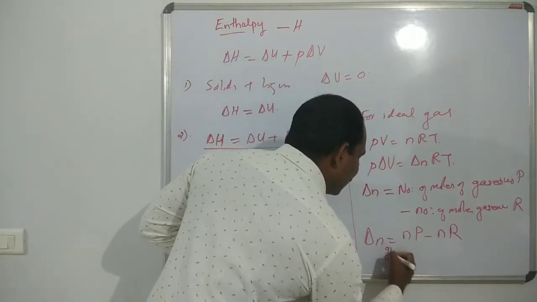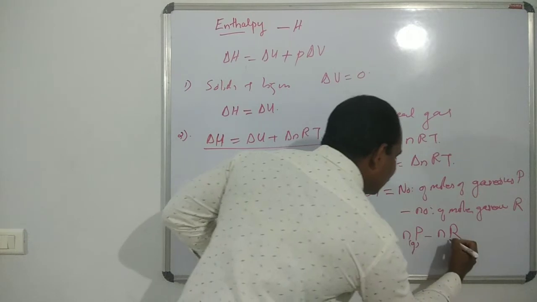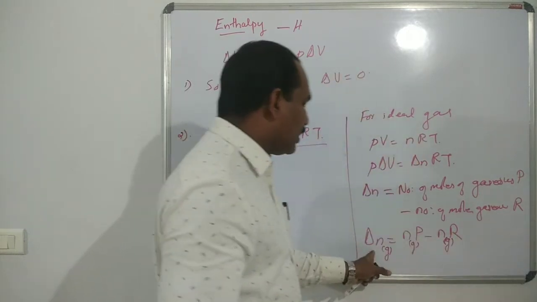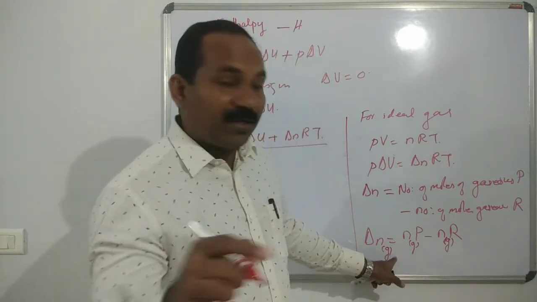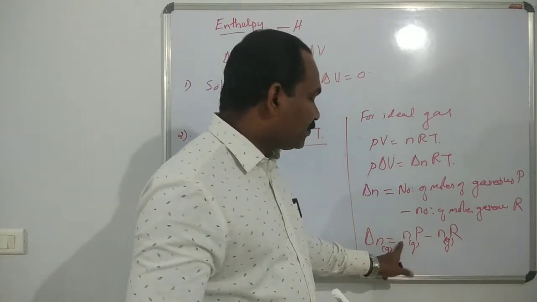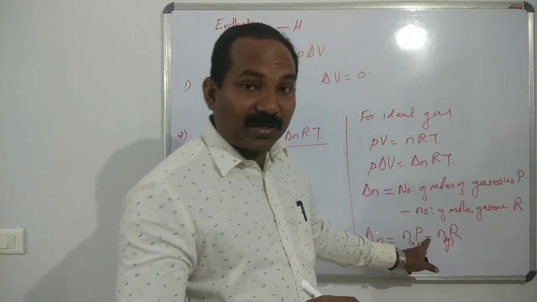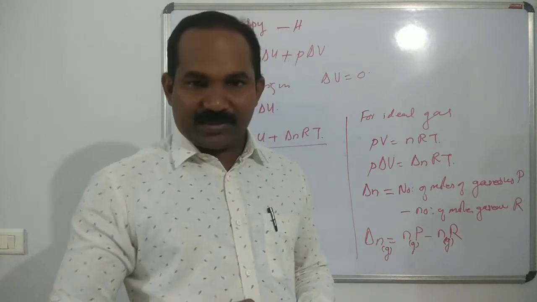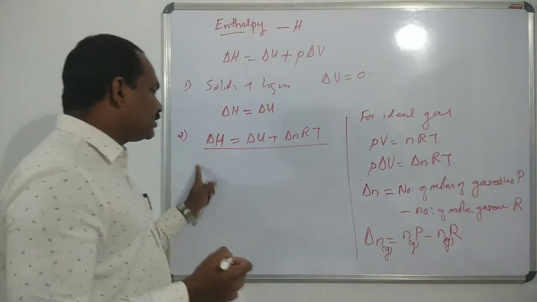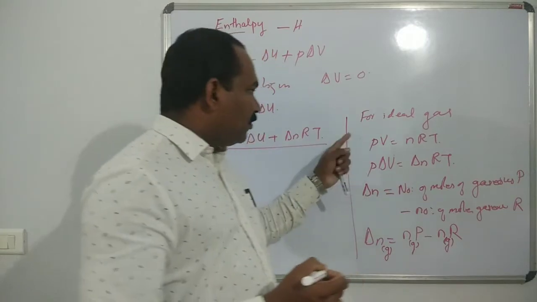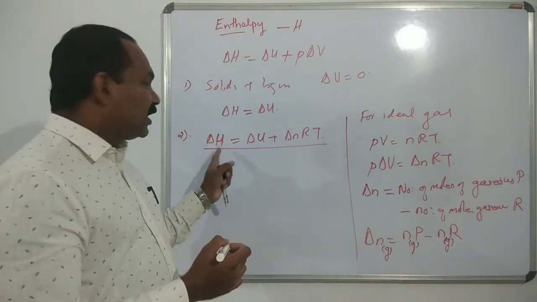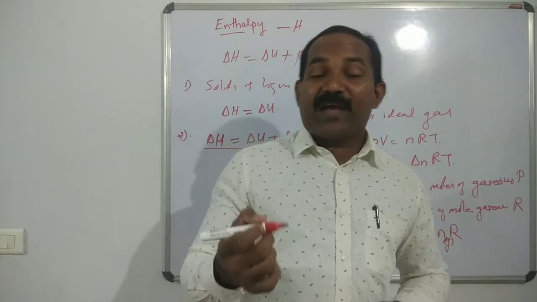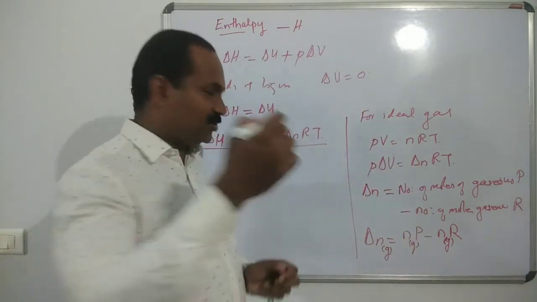Remember that the reactants and products must be in gaseous form. That's why we write delta n(g). Here P means products and R means reactants. So this is the second relationship between the change in enthalpy, delta H, and the change in internal energy.